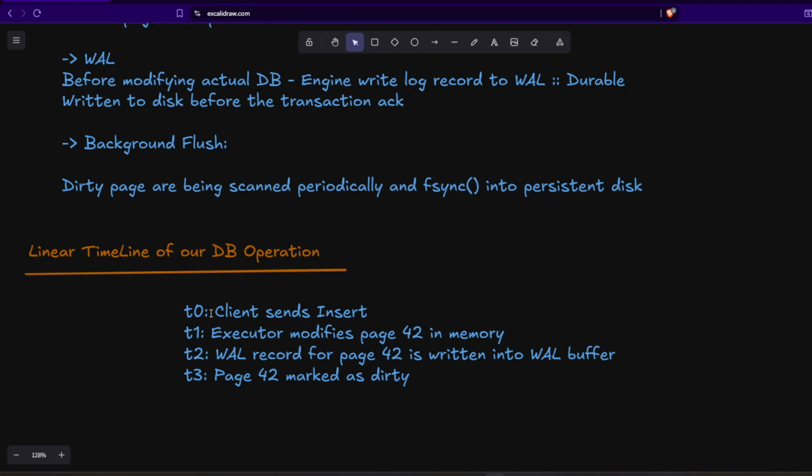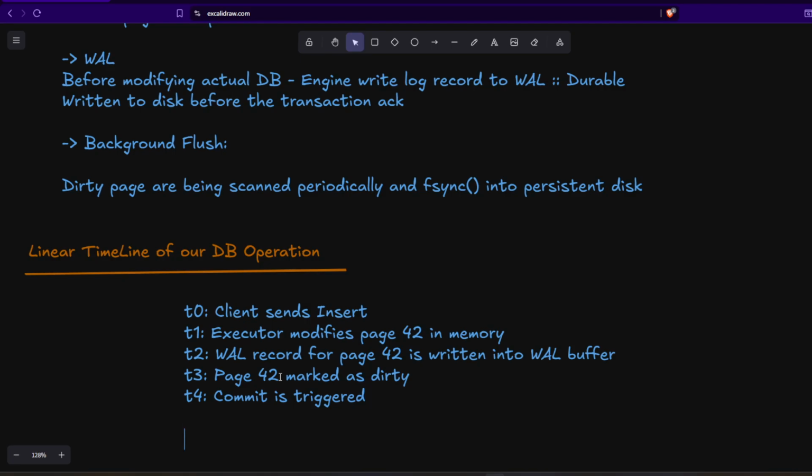At this moment, please understand that page 42 is already residing in our buffer pool, and it is marked as dirty. Now at t4, commit is triggered, and the client receives that it has been committed.